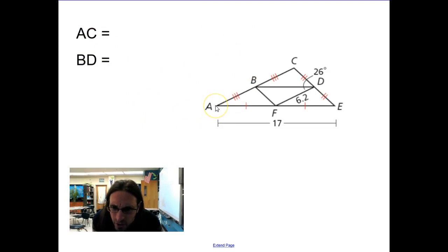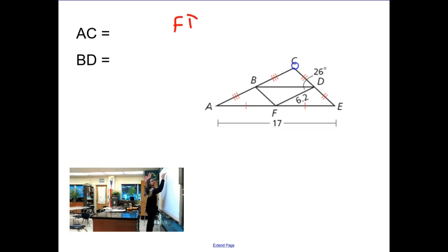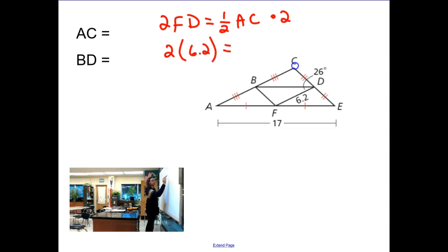Well, so what? AC. What's the length from A to C? Well, 6.2 is half of the entire length. Let me write that out. FD equals half of AC. I'm trying to solve for AC, so how do I get AC by itself? Multiply both sides by 2. FD is 6.2. 2 times 6.2 is 12.4.